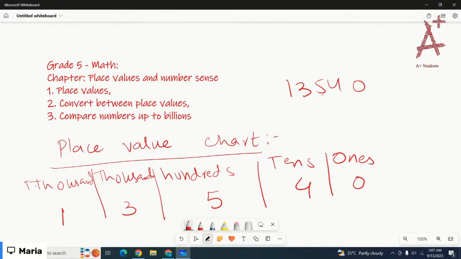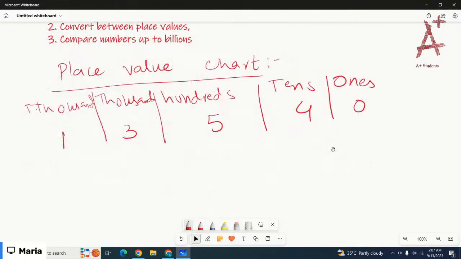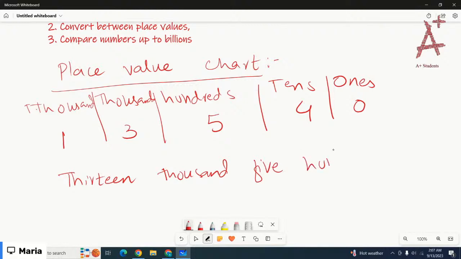You don't say 13540. That is 13,540, right? That is 13,540, isn't it?